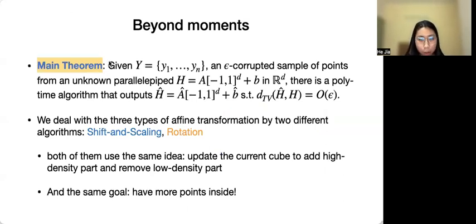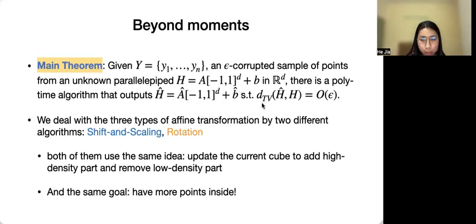Now we can state our main theorem. Given Y, that is, epsilon-corrupted sample points from an unknown parallelepiped, there is a polynomial algorithm that outputs the estimated parallelepiped, like it is A-hat times the cube [-1, 1]^d plus b-hat. So A-hat and b-hat are the parameters we want to learn.